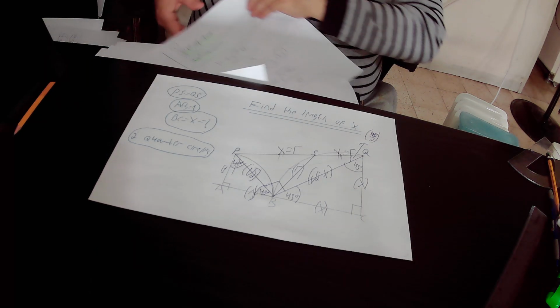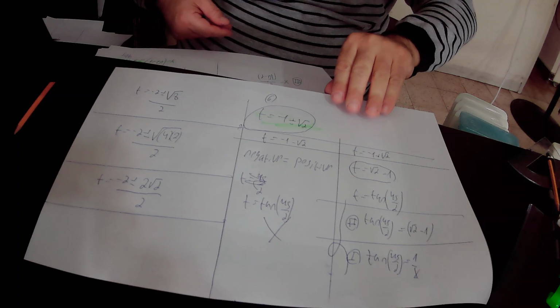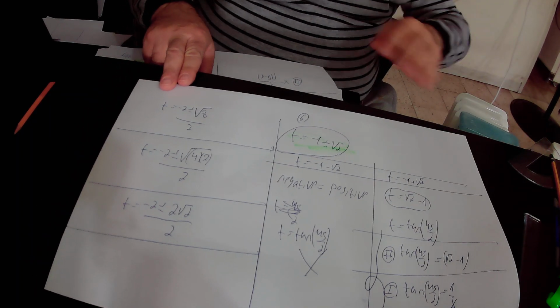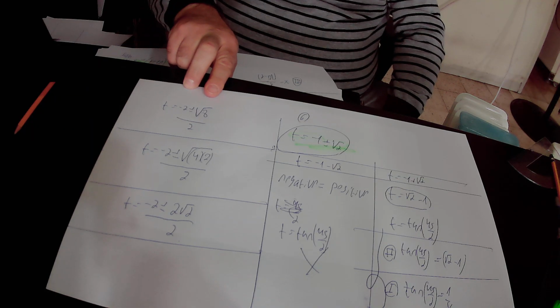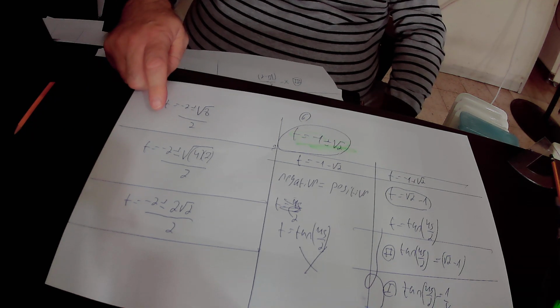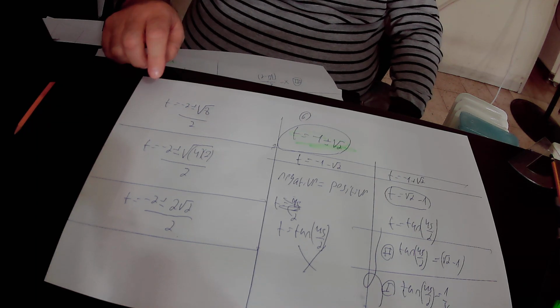And we found that t equals minus 2 plus minus the square root of 8 over 2. So t equals minus 2 plus minus, 8 is 4 times 2, over 2.